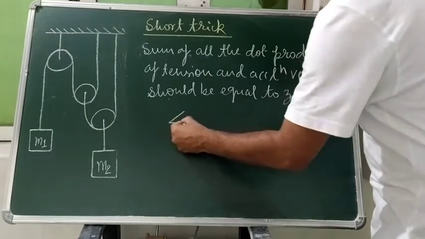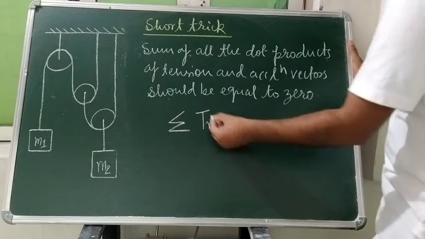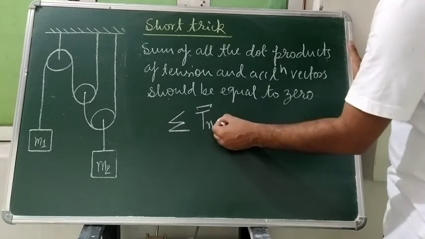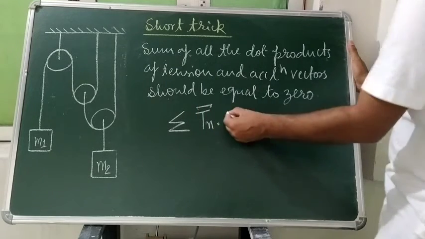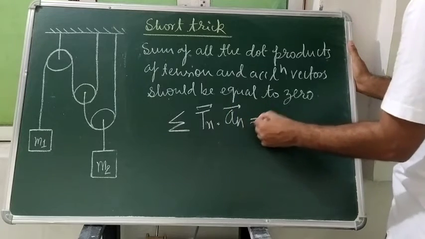Meaning the sum over n from 1 to n of the dot product of tension vector Tn and acceleration vector An should be equal to 0.